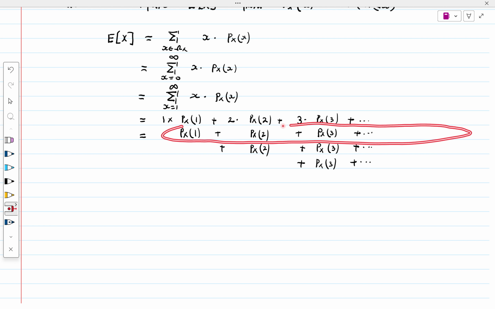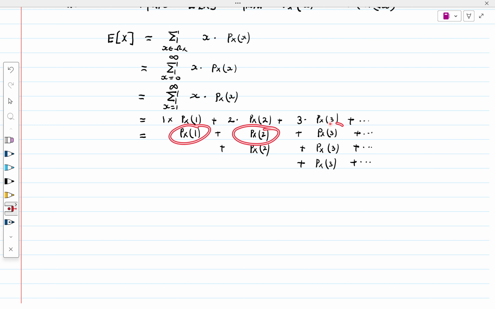This first summation here is the probability x equals 1 plus the probability x equals 2 plus the probability of x equals 3, and so on. So that first probability happens to be equal to the probability that x is greater than or equal to 1.